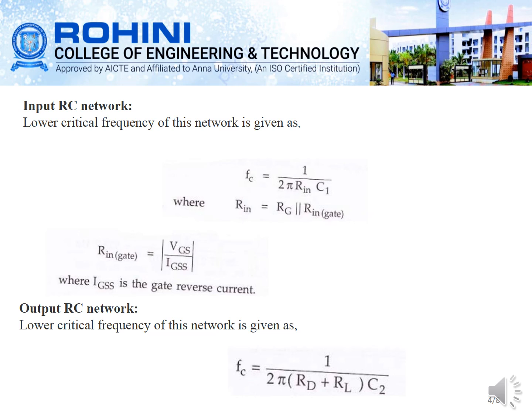We know the frequency formula is F equal to 1 divided by 2 pi R C. The resistance and the capacitors present in the input, output or bypass network are combined in this way, so that we can find the critical frequency of the three types of network: input network, output network and bypass network.